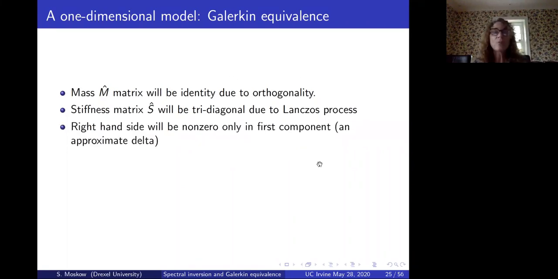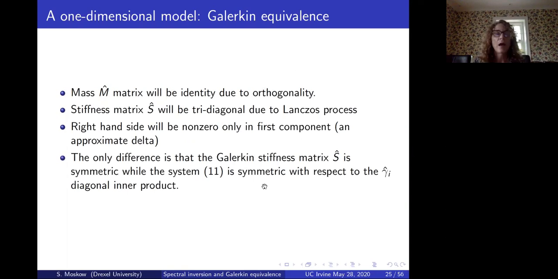The right-hand side will be non-zero only in the first component because it's an approximate delta. And I claim that this system now, after orthogonalization, is almost precisely the finite difference system. The only difference being that this S hat is actually symmetric, where the finite difference system was symmetrizable with respect to the diagonal, the gamma i hat inner product.